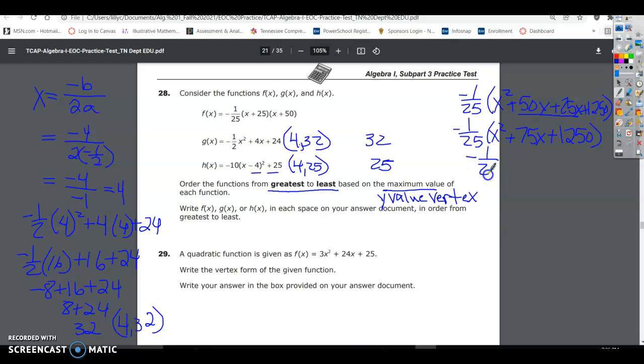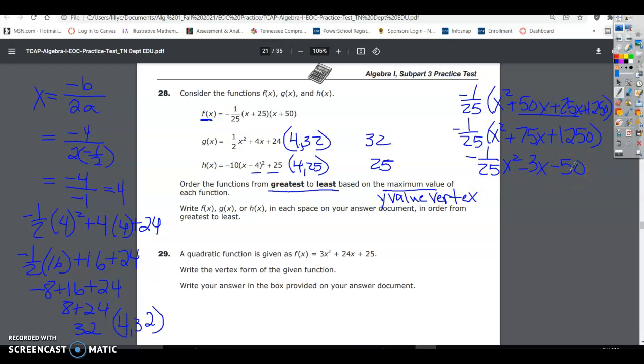So negative 1 over 25 x squared, this becomes negative 3x, and 1250 divided by 25 is 50, and since it's negative times this, that's going to be negative 50. So what I did was just rewrite f of x in standard form.